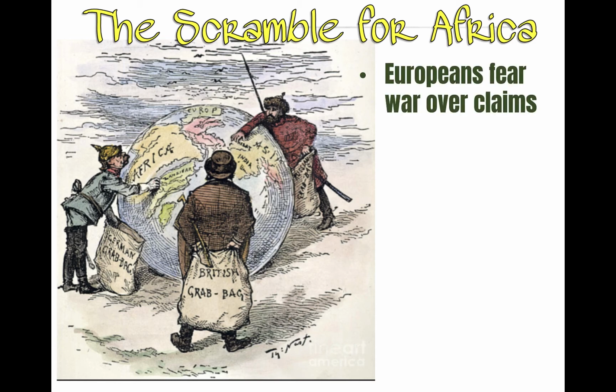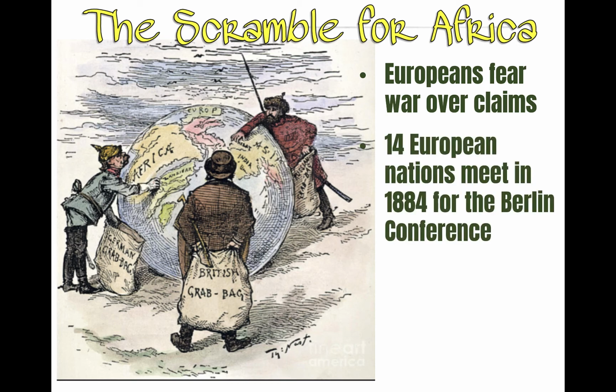More and more countries from Europe start to come into Africa and try to take over certain areas. They realize that this could cause a war over claims. So 14 European nations in 1884 to 1885 meet in Berlin, Germany. They call this meeting the Berlin Conference.